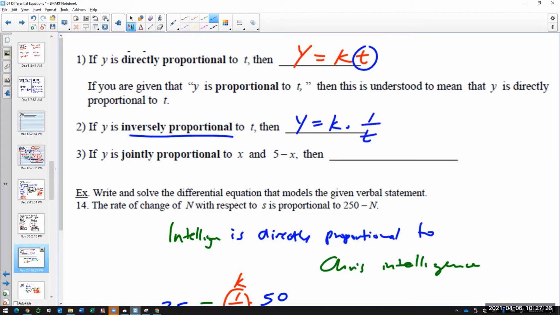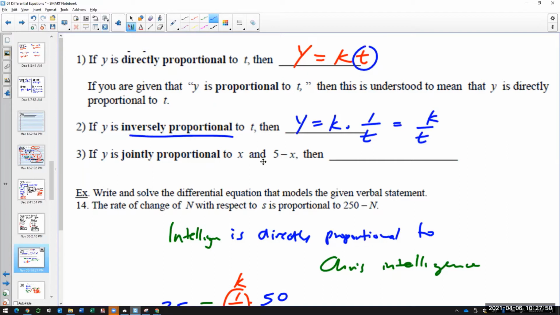You just say K/T. It's still a constant, but it's times the reciprocal, 1/T. So that's actually the opposite, meaning that as T gets bigger and bigger, Y would get smaller.